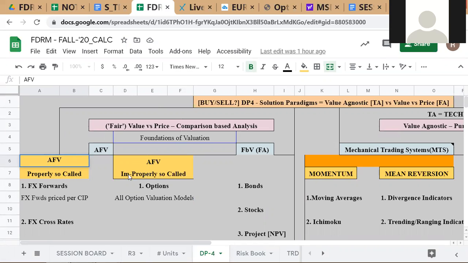These are very long expressions, so we'll call it true AFV and fake AFV, or proper and improper.